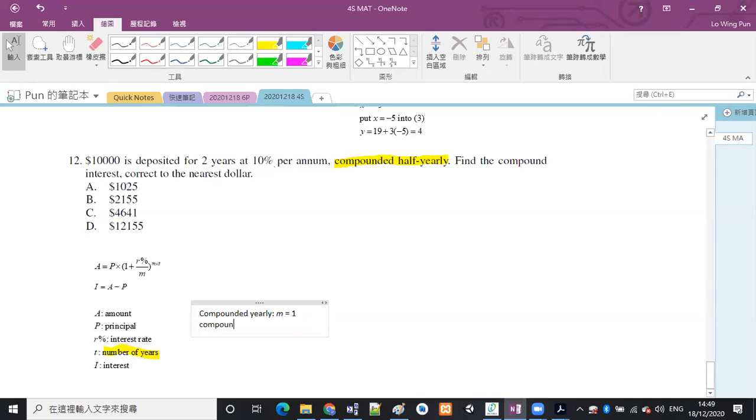If it is compounded half yearly, then M is equal to 2. If it's compounded quarterly, then M is equal to 4. If it's compounded monthly, then M is equal to 12. Okay? It depends on how regularly it is compounded.